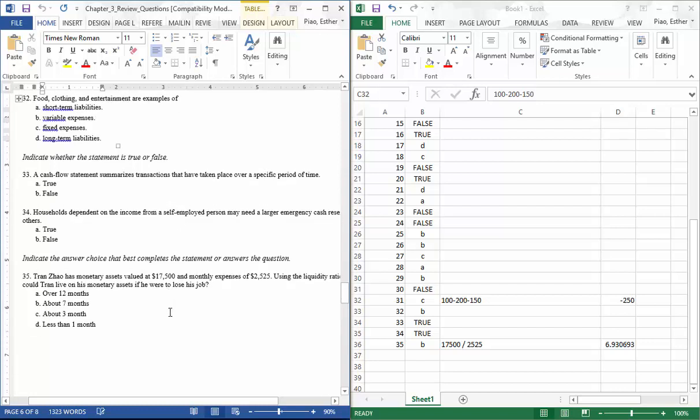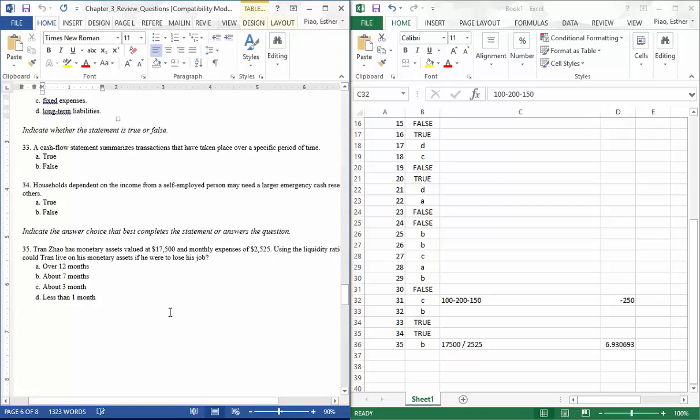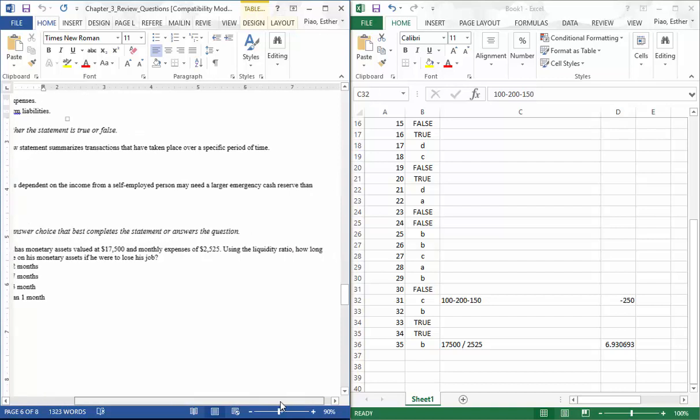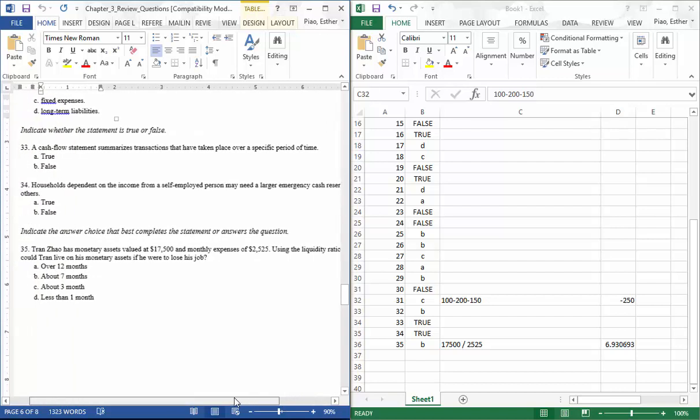Number 35, Tran Zhao has monetary assets valued at 17,500 and monthly expenses of $2,525. Using the liquidity ratio, how long could Tran live on his monetary assets if he were to lose his job?